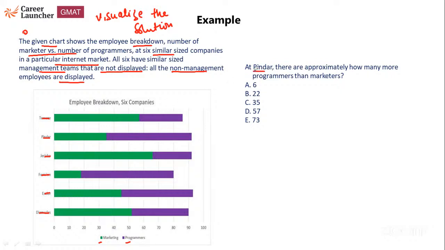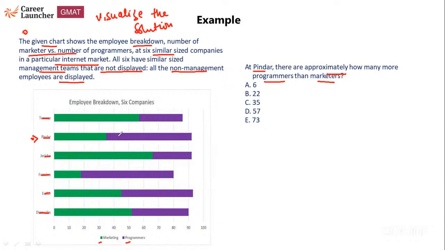The question says: at this company P, there are approximately how many more programmers than marketers? Just see, visually the programmers are more than the marketers. That is, the purple region is more than the green region.